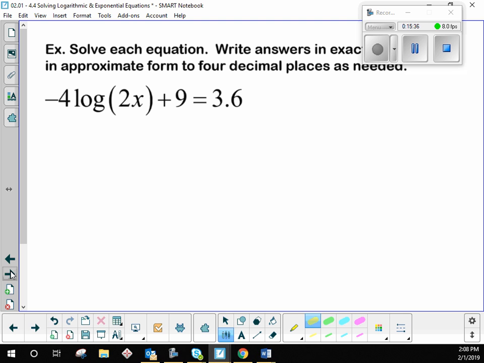So this needs to be by itself before we can do the lasso step. This is the same math as if instead of having that, I had this. That you can handle easily. You know that you have to subtract 9 and then divide by -4. And that's exact math we're going to do here.